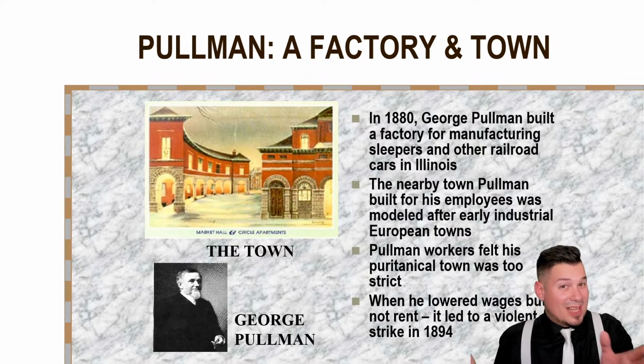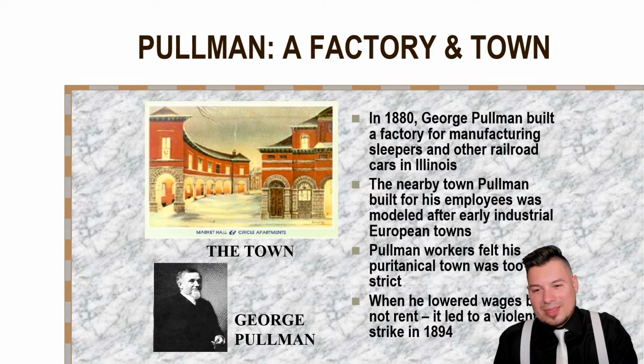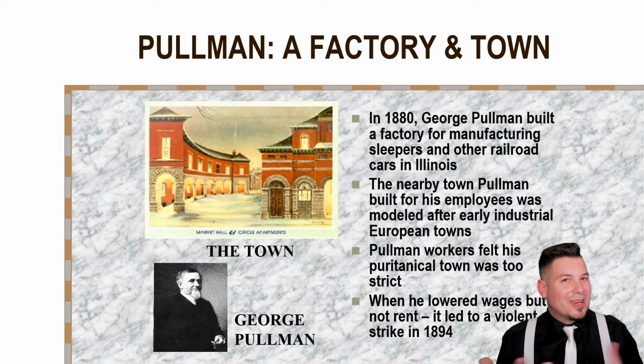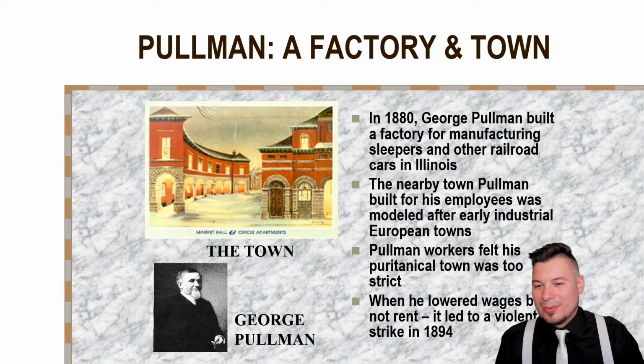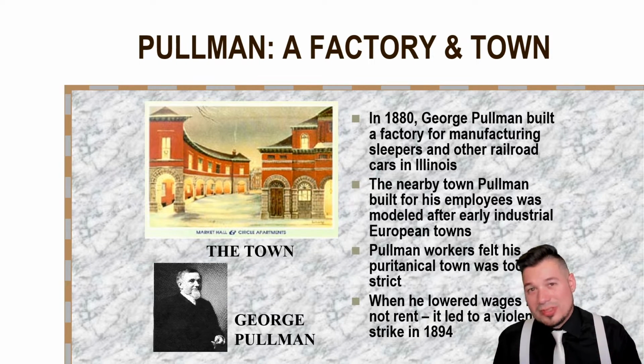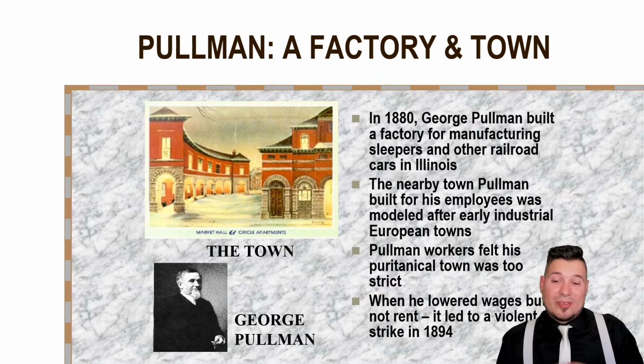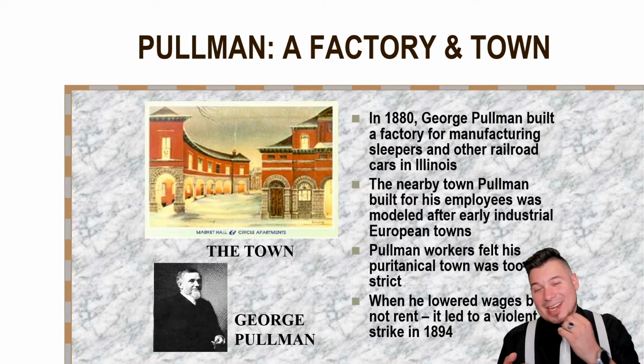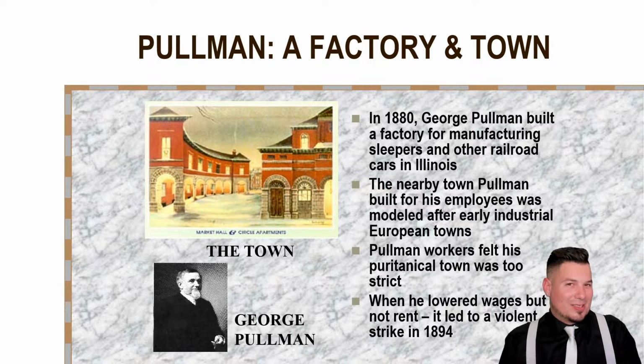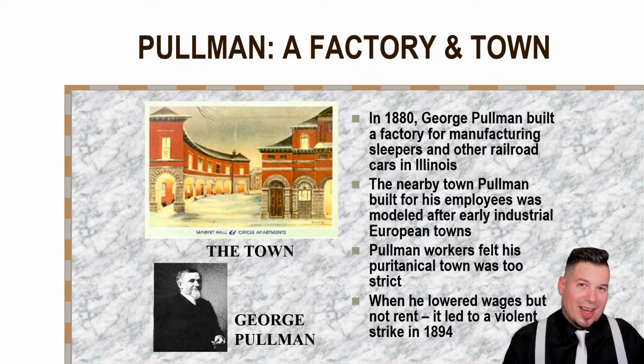Nearby, he built a town for his employees, and it was modeled after early industrial European towns. He was very strict with his rules and curfews and everything else. So he lowered their wages around 1894, and he didn't lower the price of the rent in his town. So it's going to lead to a very violent strike. Again, not a good look, not a good idea either.